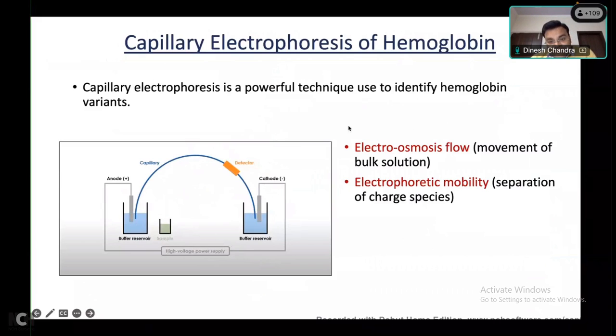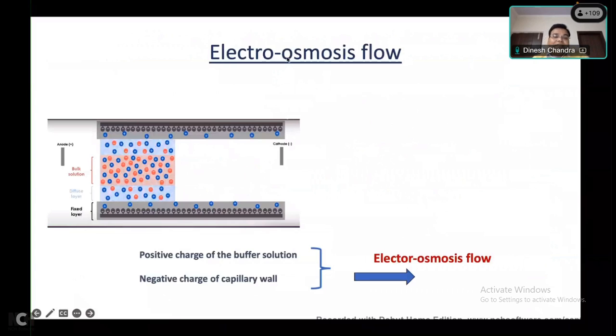For better understanding, we should know what electroosmotic flow and electroosmotic mobility are. Basically, the capillary is made of silica, which is mainly negatively charged, and the buffer contains both cations and anions. The negatively charged surface attracts the positive cations and they make a fixed layer.